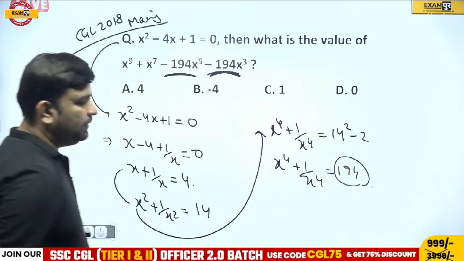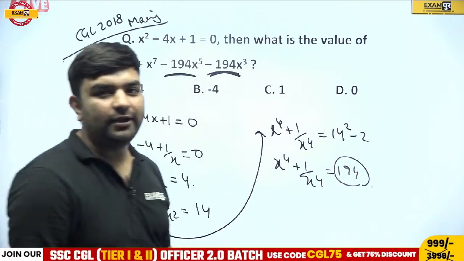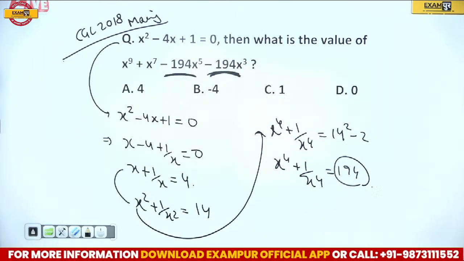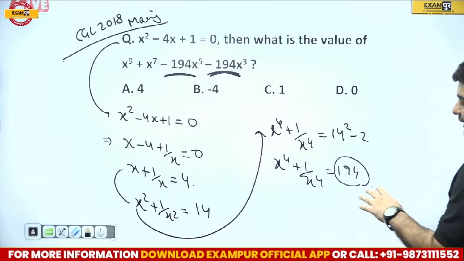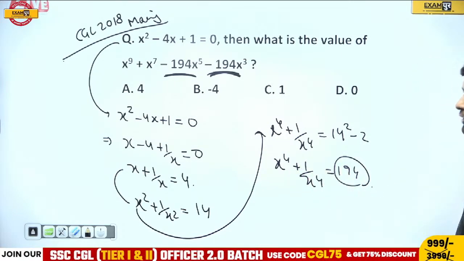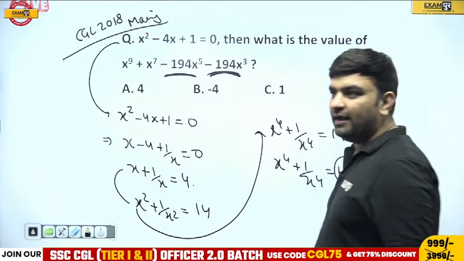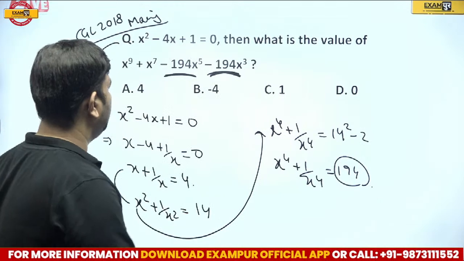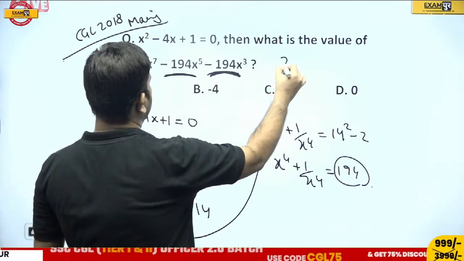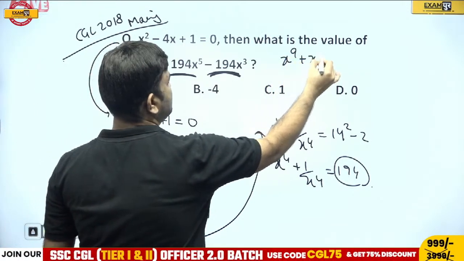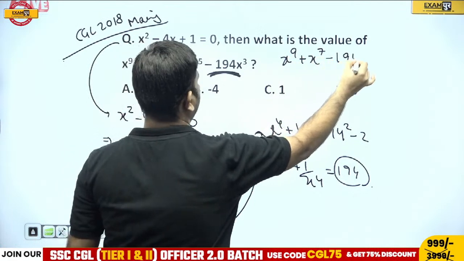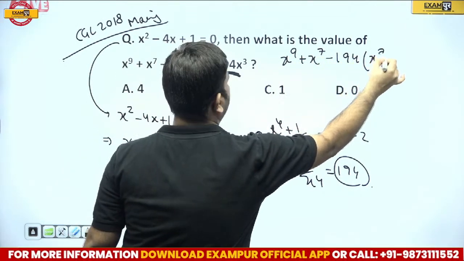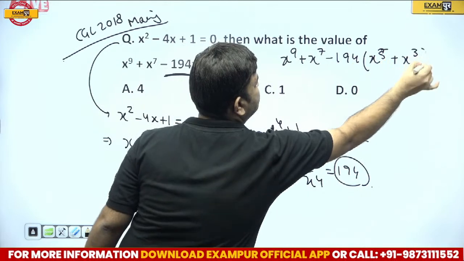So now you might have got that there was some connection. Now you can feel the connection that this 194 is x to the power 4 plus 1 upon x to the power 4. So x to the power 9 plus x to the power 7 minus 194 x to the power 5 plus x to the power 3.